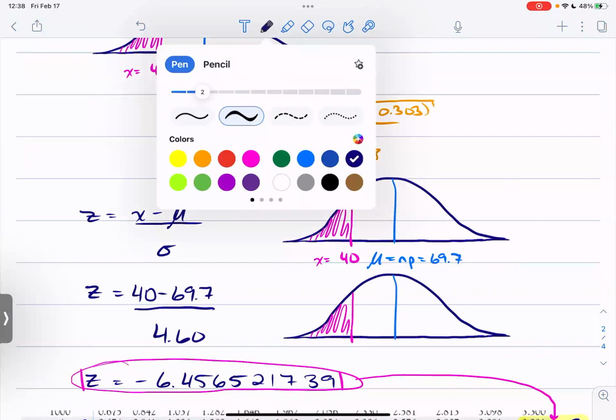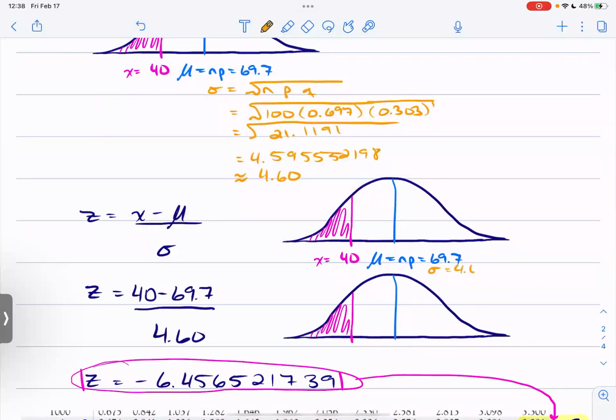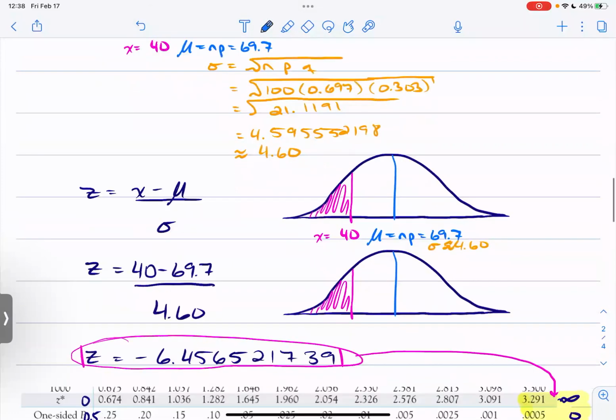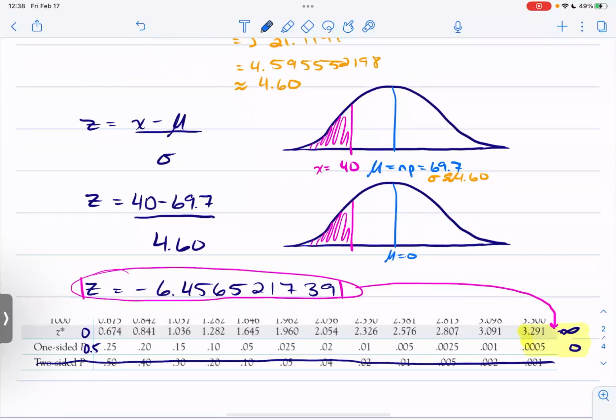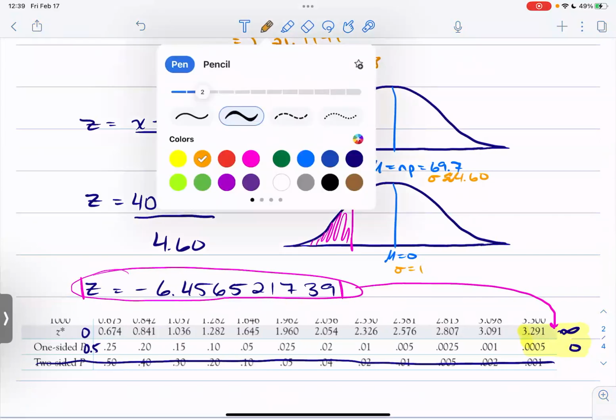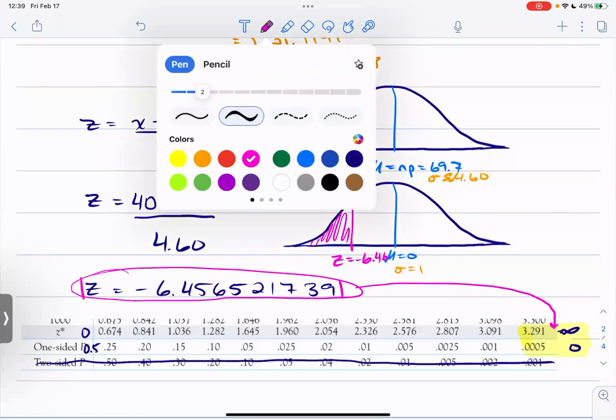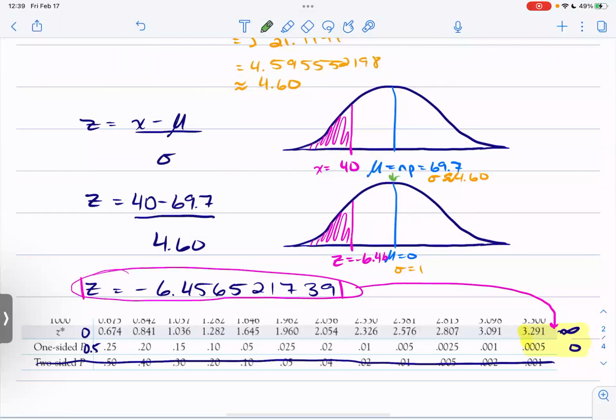So here, sigma for this top one was 4.60, approximately. Now, exactly, this is a Z. So the mean is 0. Sigma is 1, and Z is negative 6.46. Right, but all we've done is we've taken this thing and we've shrunk it down.